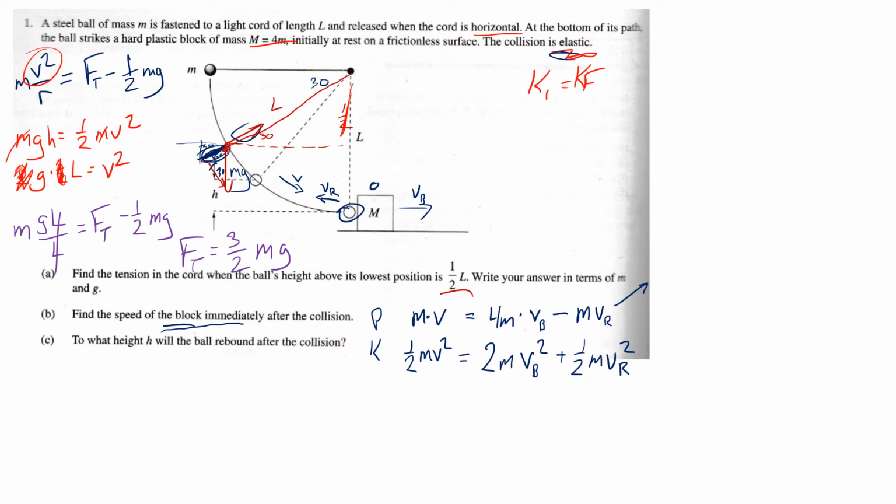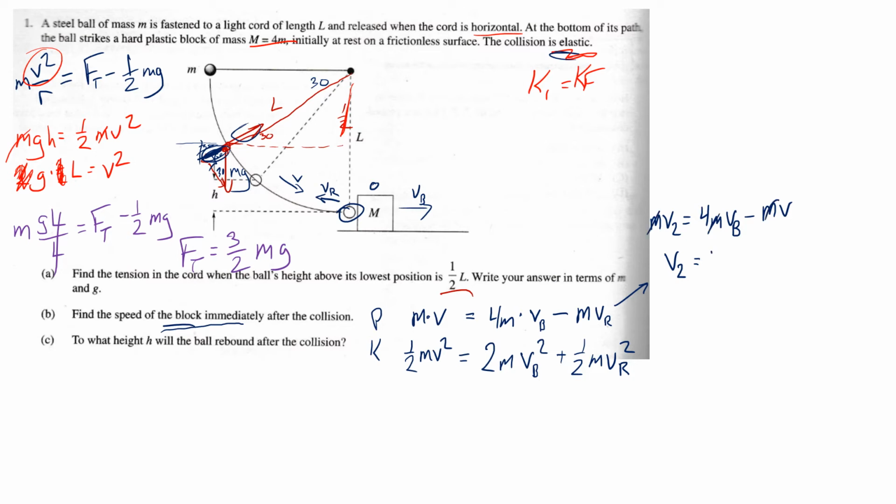All right, let's see. So solving this for VR. Let's do it piece by piece. We're going to have mVR is equal to 4mVB minus mv. So far, so good. All right, so VR is going to equal, let's just cross out all these m's.